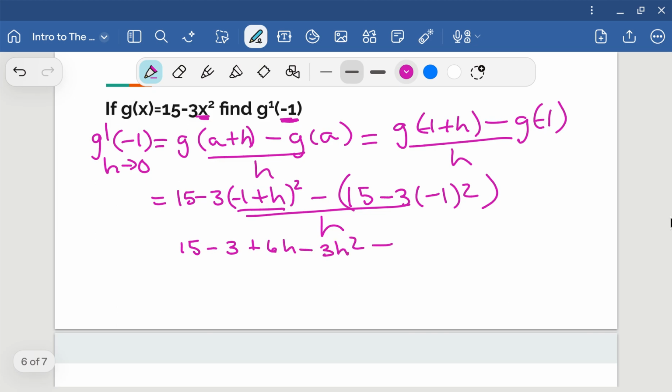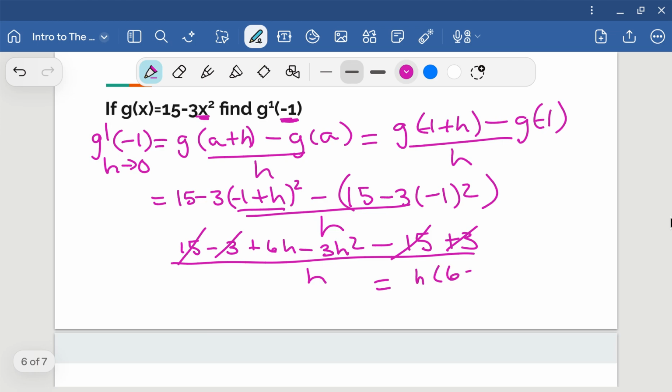And then on my right-hand side of the numerator, I will have minus 15 plus 3, and this is all over h. So I see some things canceling out nicely, and then I can factor out an h in the numerator, and I'm left with 6 minus 3h all over h. These h's cancel.